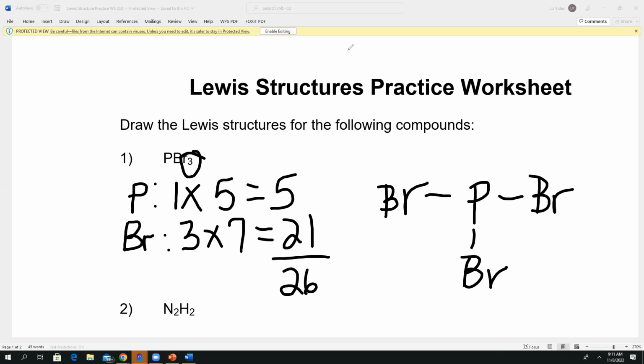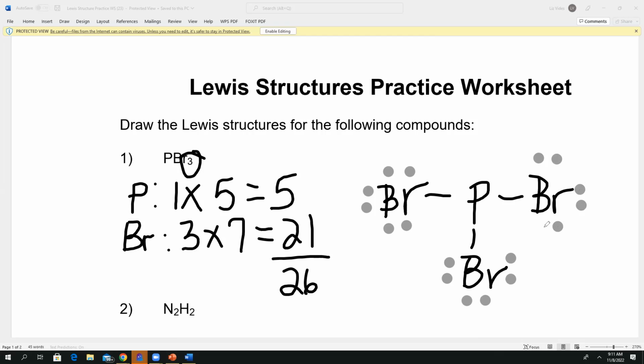Okay, so then we know that we have to put some dots, and I'm making them big so that you can see them. It's very hard to make a dot with your fingers, so I'm trying to do it like this. And we already know that bromine wants to fulfill the octet rule, just like she did, right?